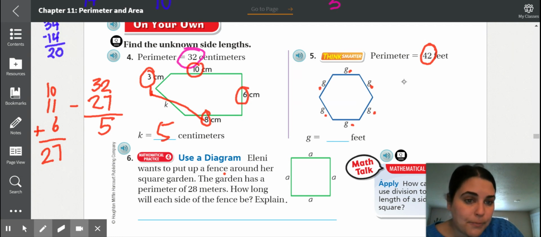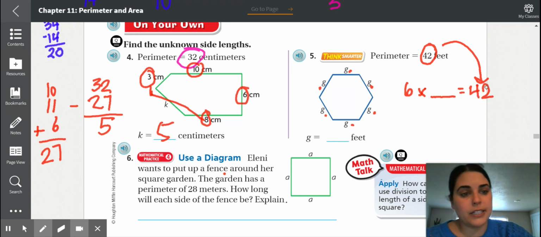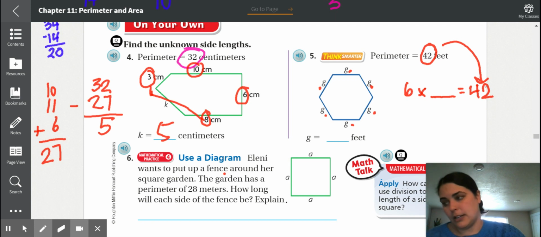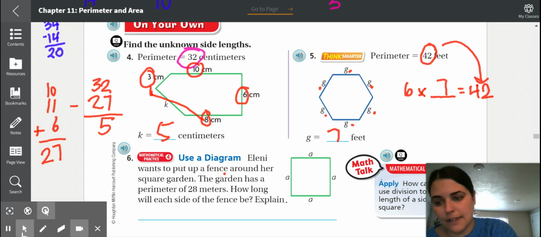So we're thinking 6 times what equals 42. 6 times what equals 42? If you said 7, you are correct. So each side will be 7.